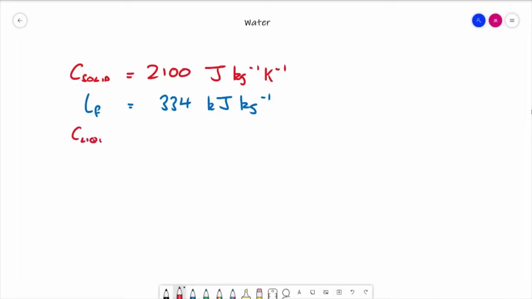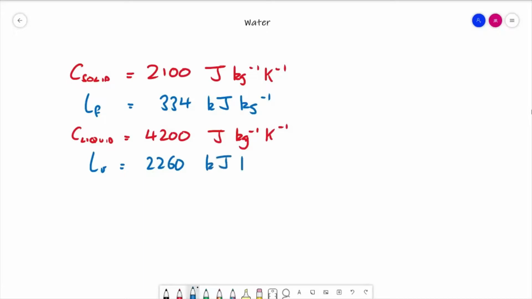Then for a liquid, we saw again in the last video, we've got 4,200 joules per kilogram per Kelvin. Latent heat of vaporisation is 2,260 kilojoules per kilogram. And then finally, for a gas, again bringing that forward from the last video, we've got 2,000 joules per kilogram per Kelvin.